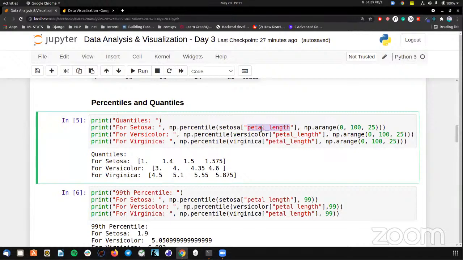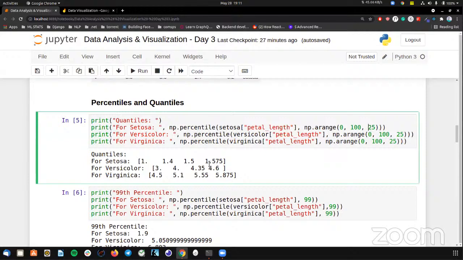Now I'm calculating the percentile with the help of np.percentile. We have this function in our NumPy library, and I'm using a range that generates values from 0 to 100 with a step of 25, so 25, 50, 75, and 100.